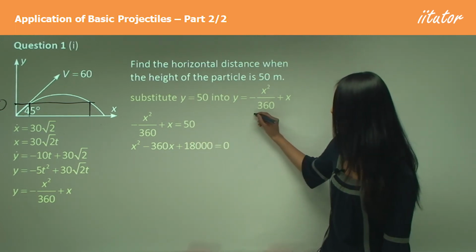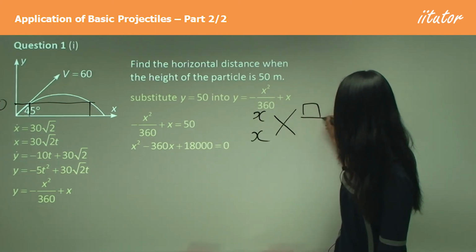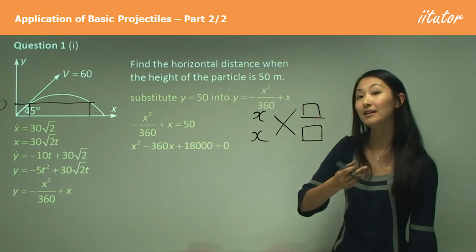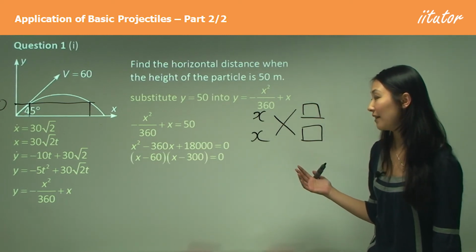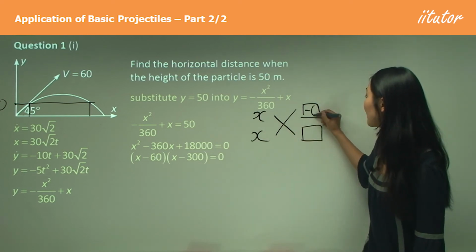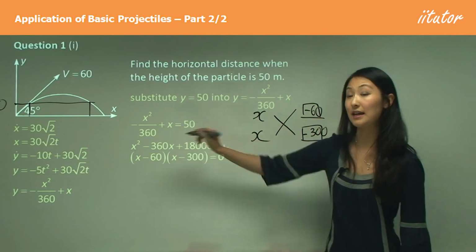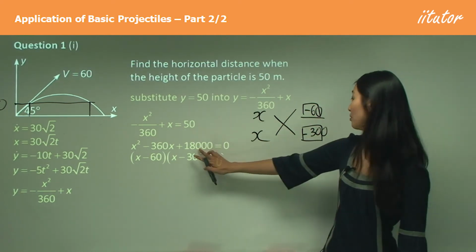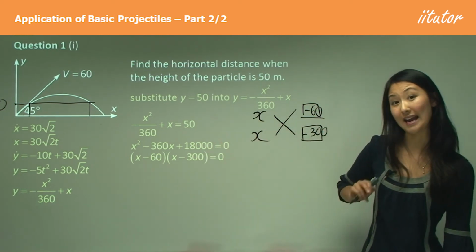Now we think to ourselves: what are two numbers that add together to negative 360, but multiply to give you 18,000? Those values are negative 60 and negative 300. You can see minus 60 minus another 300 does give you negative 360. Negative 3 times negative 6 gives you that 18, and you get 3 zeros, so that gives you the 18,000.